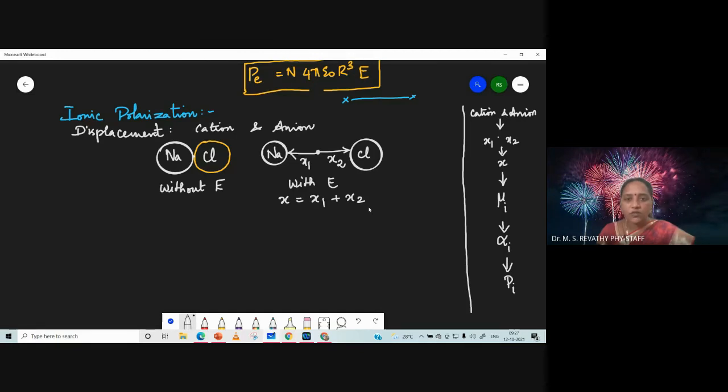The Lorentz force will try to move them apart, and the restoring force is trying to bring the NaCl back to the equilibrium position. So you get a spring action in the case of cations and anions with the application and removal of the field. This is the example which I have taken.